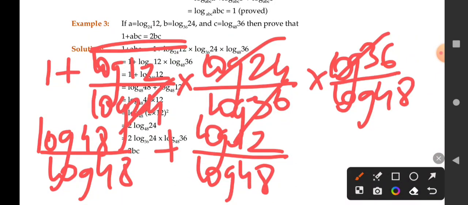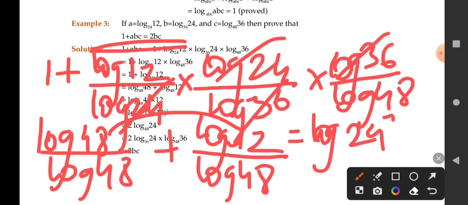Correct? Since we have same base, now we can add the above one. That means this can be multiplied, 48 into 12 on your calci. 48 into 12 means 576, which is the square of 24.